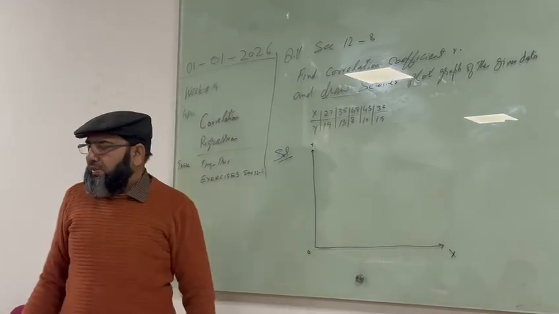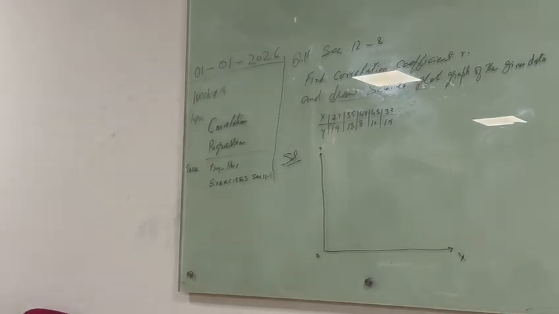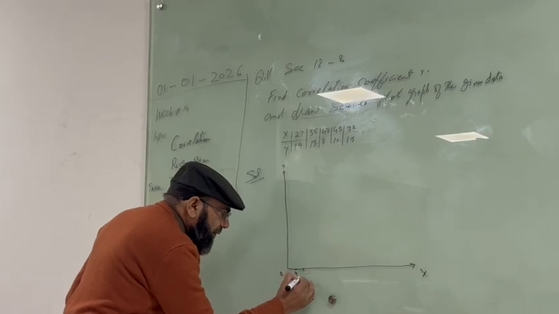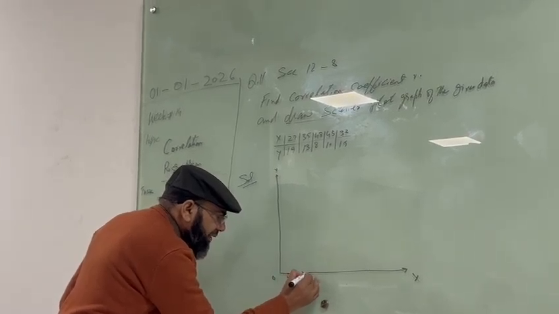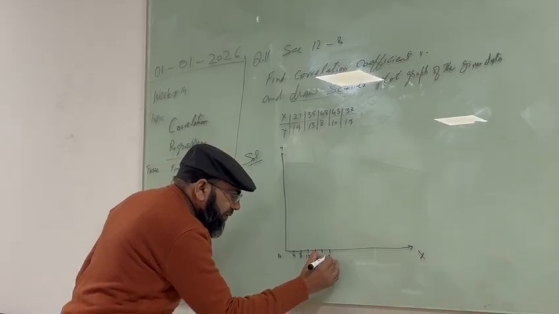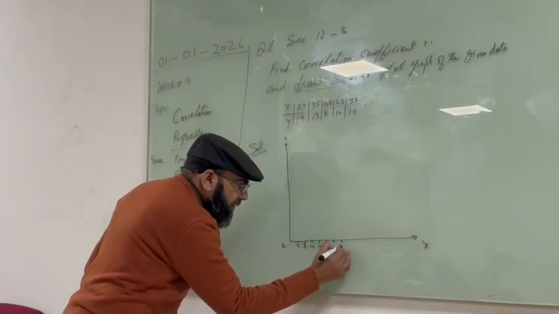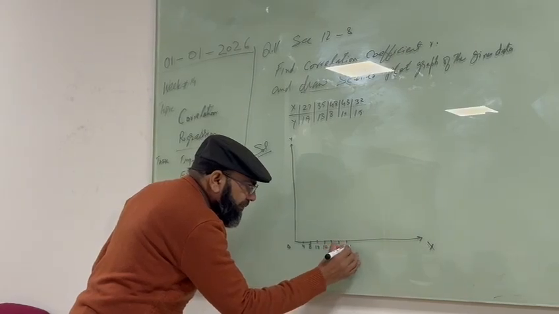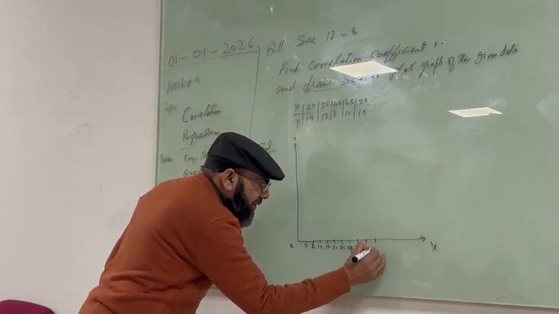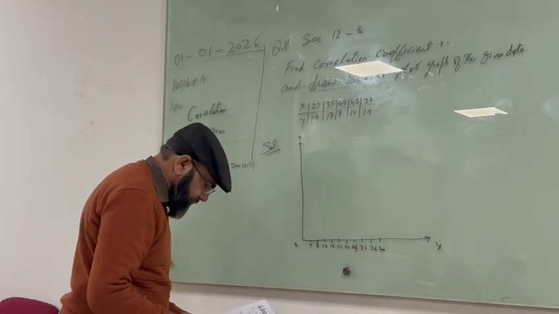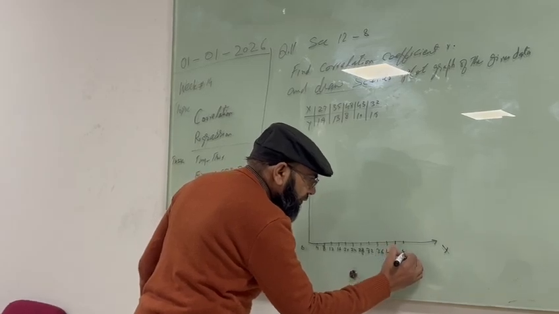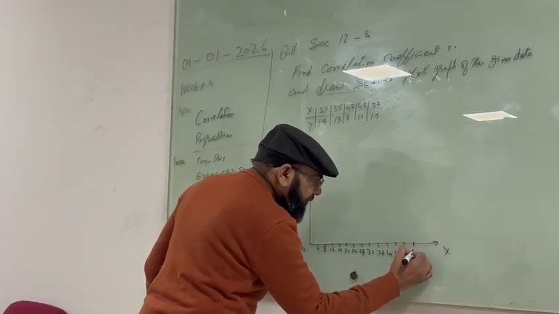First we scale it like 0, 4, 8, 12, 16, 20, 24, 28, 32, 36, 40, 44, 48, 52.